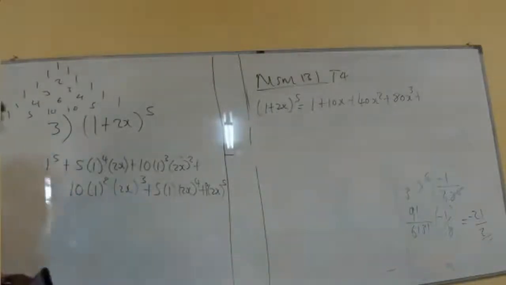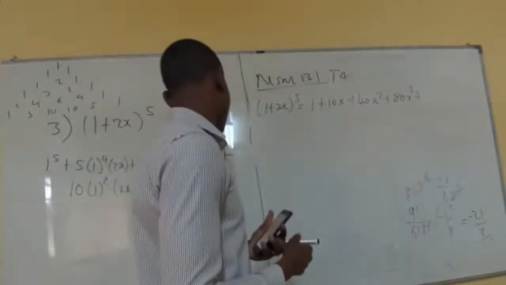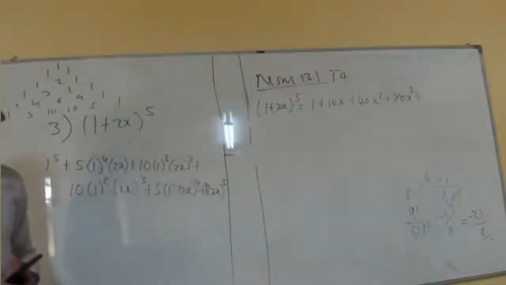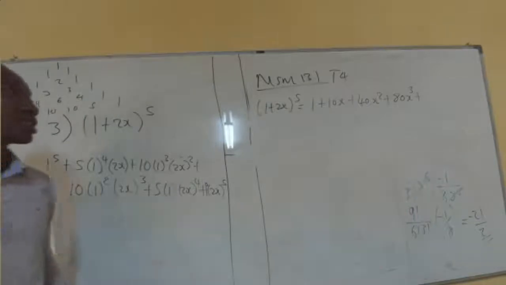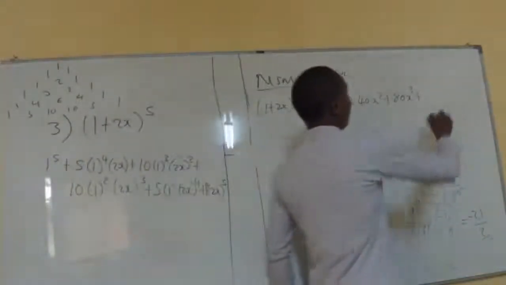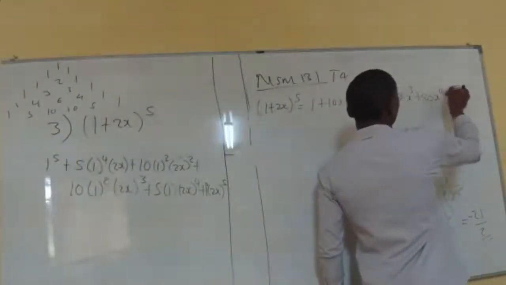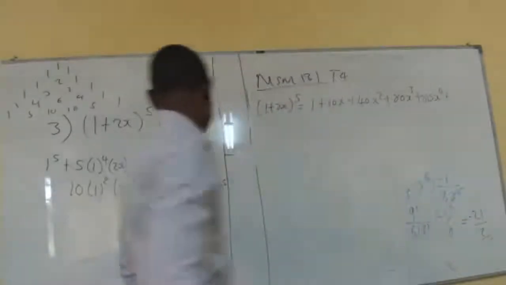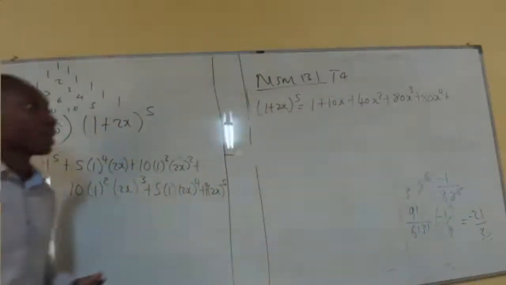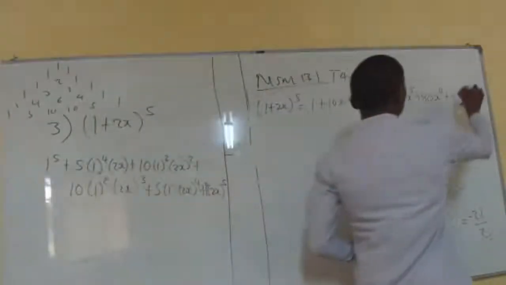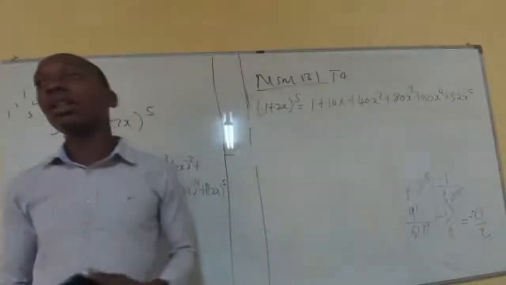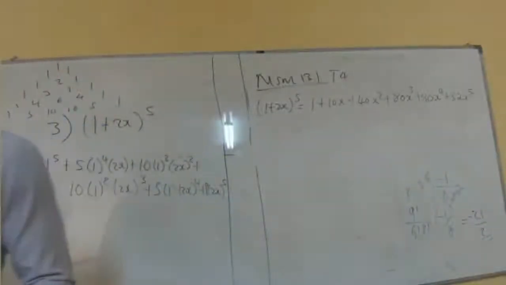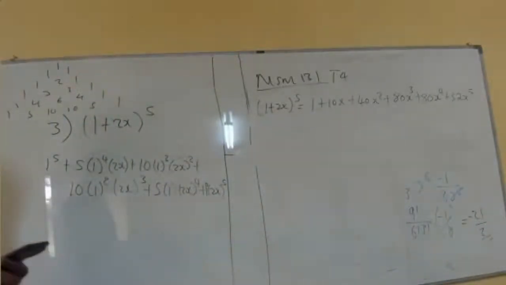This is still going to be 80, because 2 to the power 4 is 16, then 16 times 5 is 80. So we have 80x to the power 4. Then lastly, 2 to the power 5 is 32, so we have 32x to the power 5. That will be the last part of the solution.